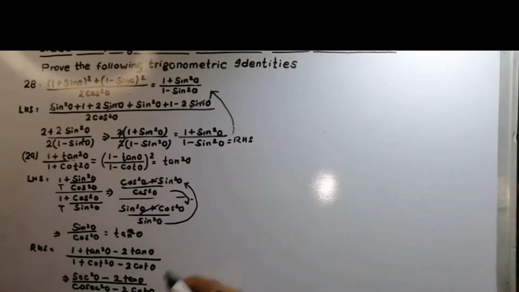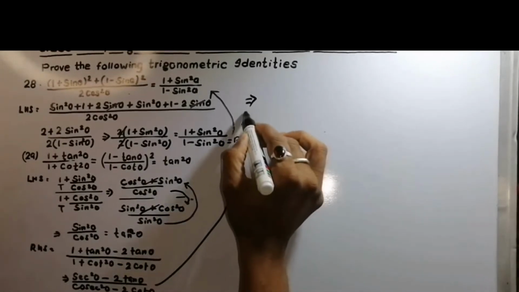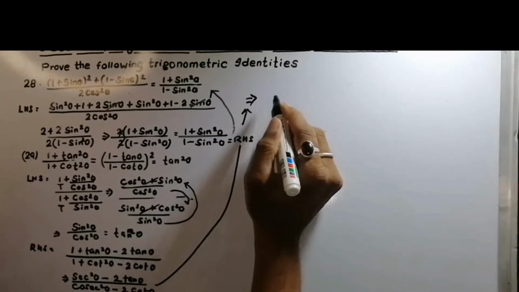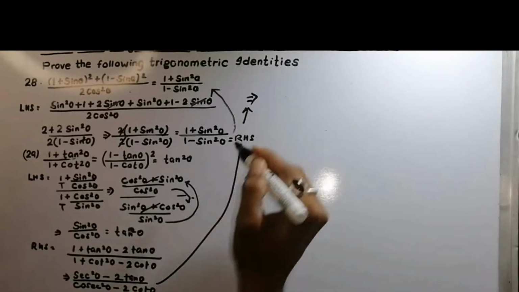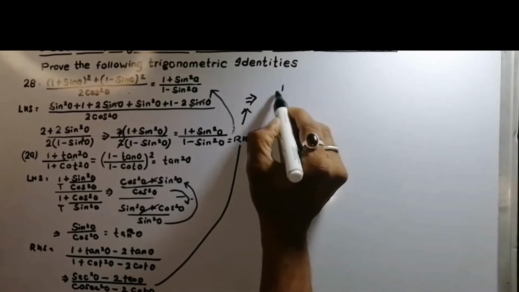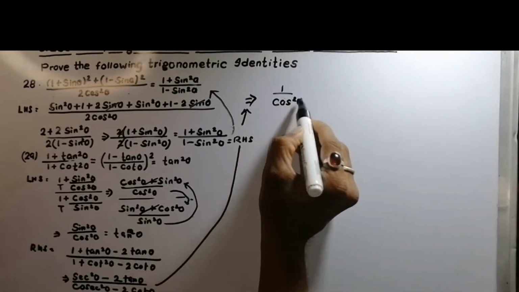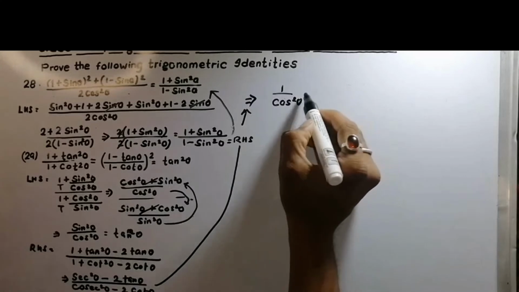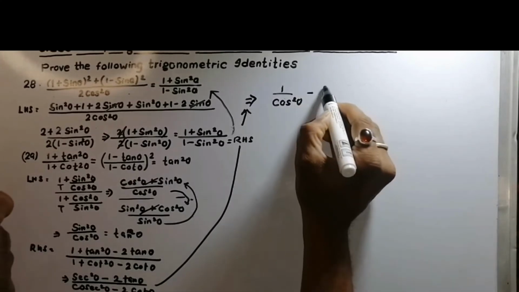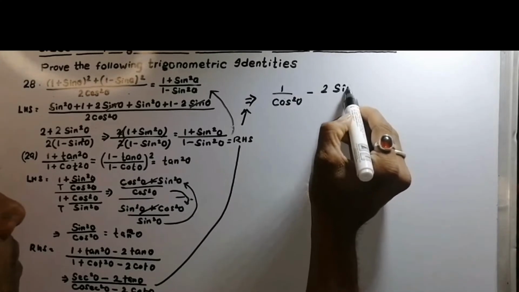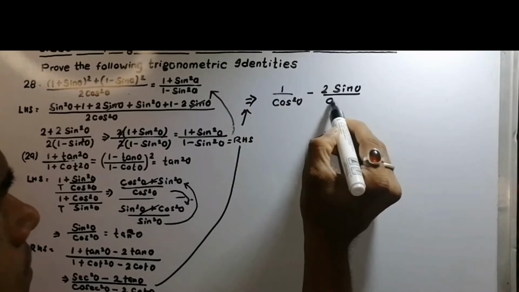From here we can write sec square theta as 1 upon cos square theta, and 2 tan theta means 2 times sin theta upon cos theta.